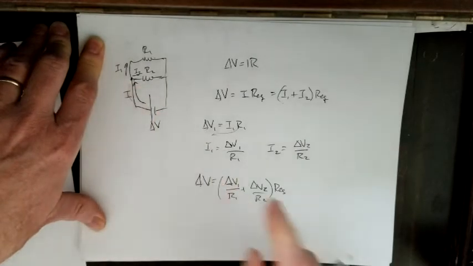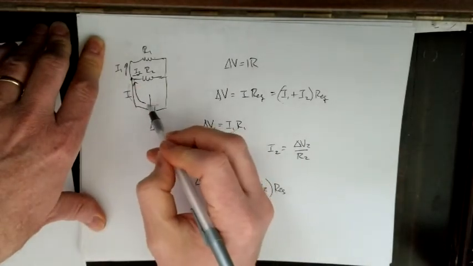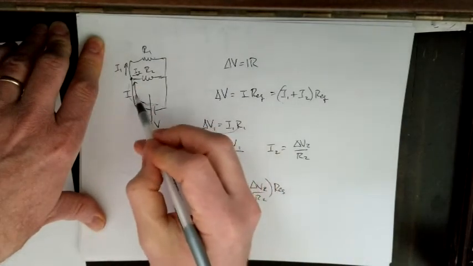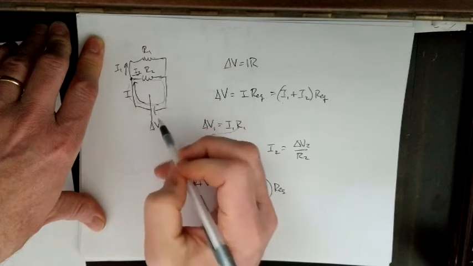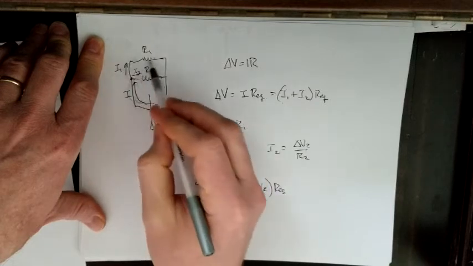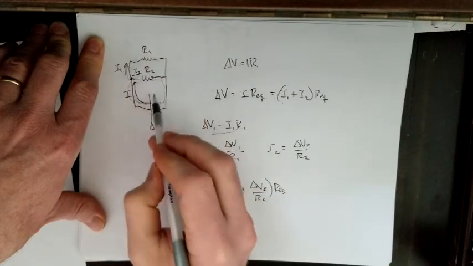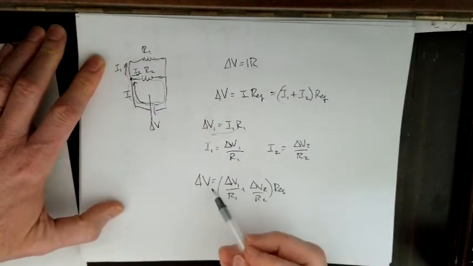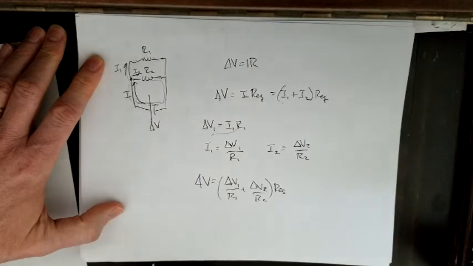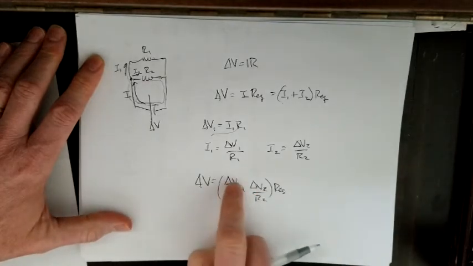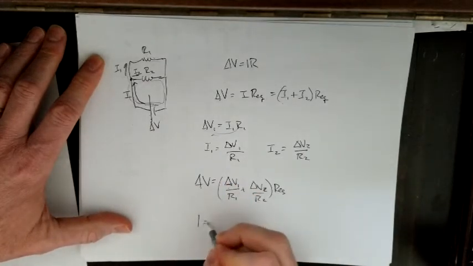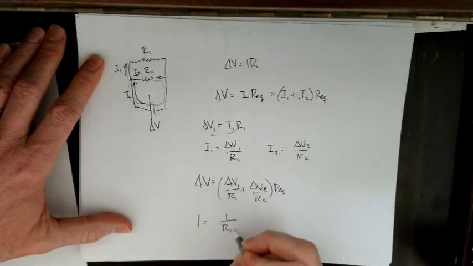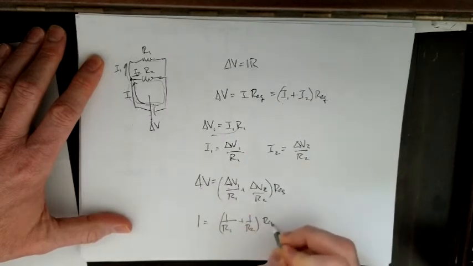Now my voltages actually are all the same because of Kirchhoff's loop rule. Whatever I gain here, I'm going to lose there and I get back to where I started, or go this path. Whatever I gain here, I'm going to lose there. The voltage drop across here has to equal the voltage gain here. In other words, delta V is the same for all of them. So I can factor out delta V and cancel it out. So I'm left with 1 is equal to 1 over R1 plus 1 over R2 times R equivalent.